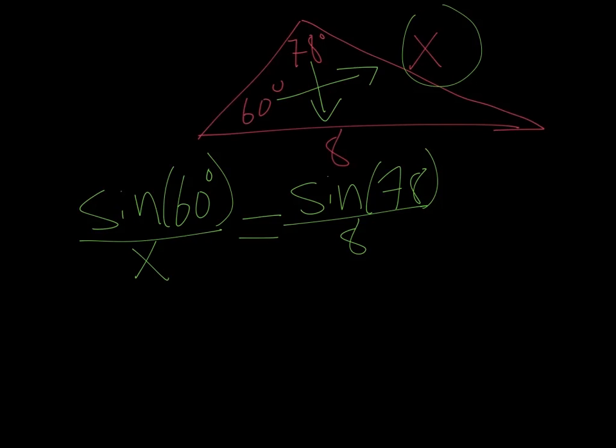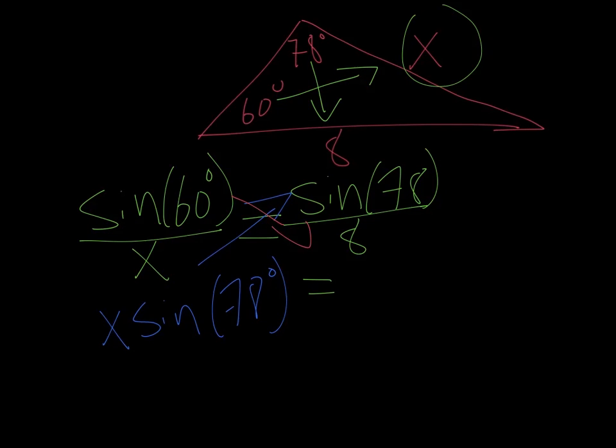Now noticing that we have a proportion here, we can cross multiply and get x times the sine of 78 degrees must be equal to 8 times the sine of 60. Furthermore, we can divide both sides by the sine of 78.